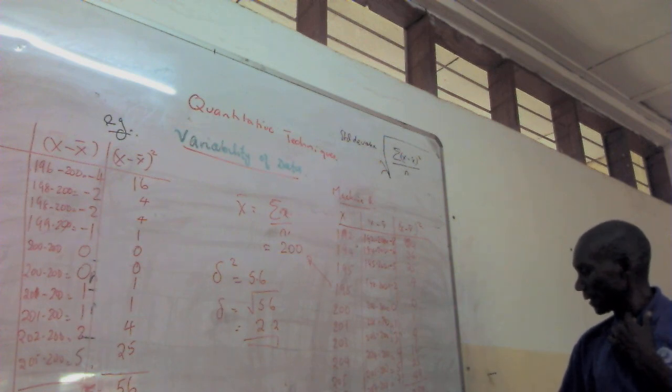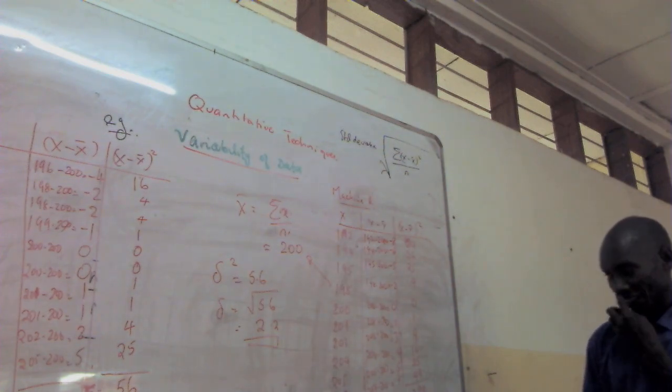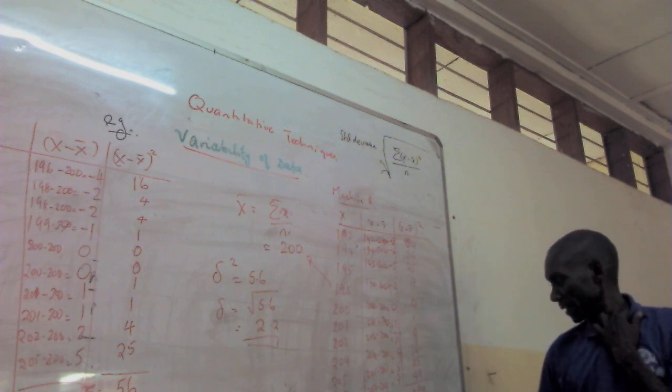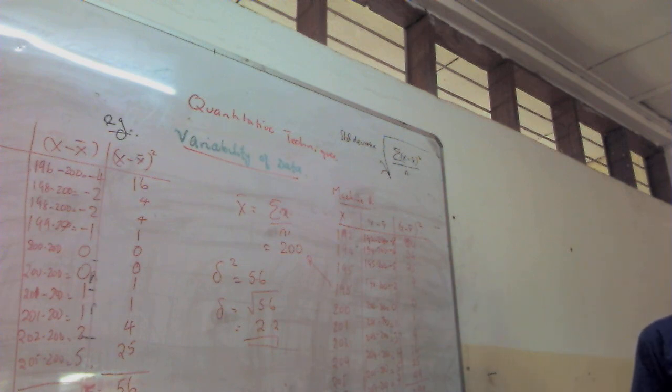Divided by 10 gives you 22.9. This is your variance. How do you get standard deviation?